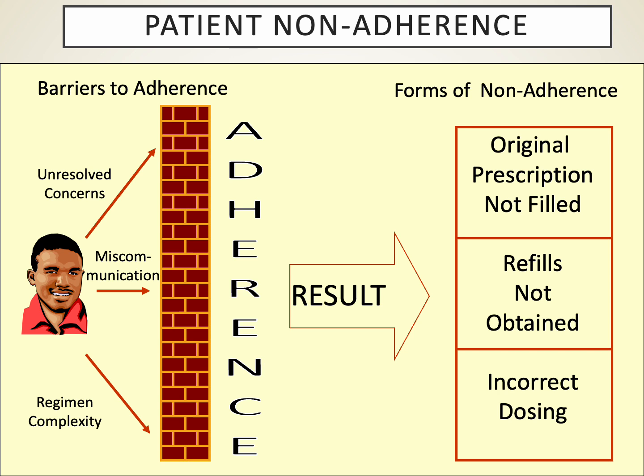So it's important to look at what those barriers are and provide the support and education they need so that they're in a better position to meet with success for the intervention you've got. If patients don't have their concerns resolved, if they're not on board with you on what you're doing, they typically won't get their prescriptions filled, or they won't fill them correctly, or they'll take the dosing of the medication in a way you didn't intend.